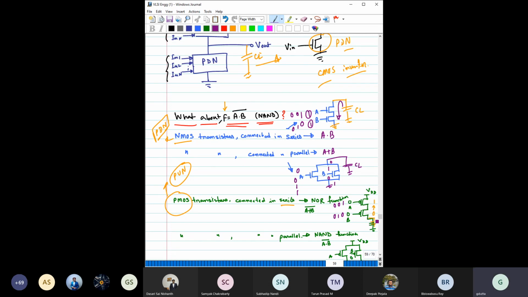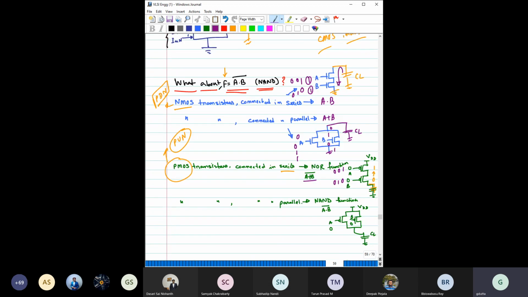So this capacitor cannot charge, and the output cannot go to the high state. So if the PMOS transistors are connected in series, they will give the NOR function, which is basically A plus B bar. By the same token, it is very easy to say what happens if you connect these two PMOS in parallel, two or three, multiple.